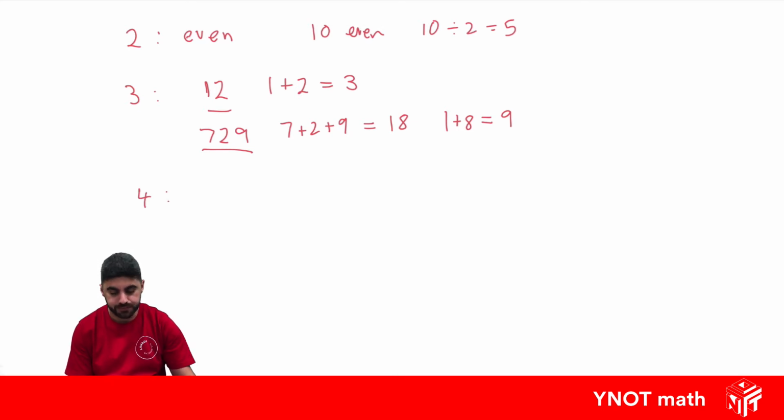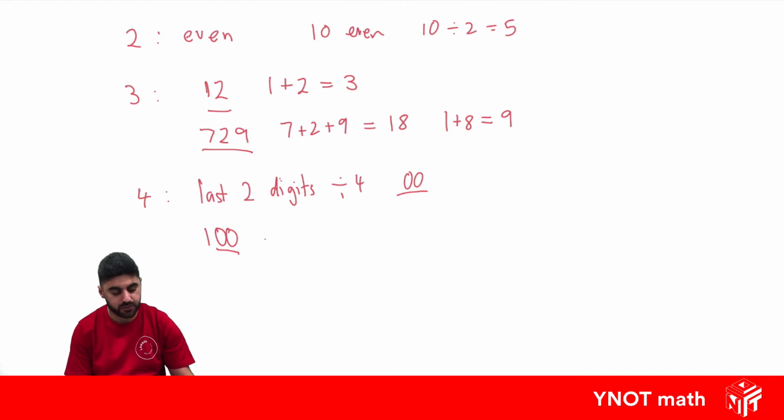What about 4? For 4, the last 2 digits have to be divisible by 4, or the last 2 digits are 0, 0. So if we have 100, the last 2 digits are 0, 0.